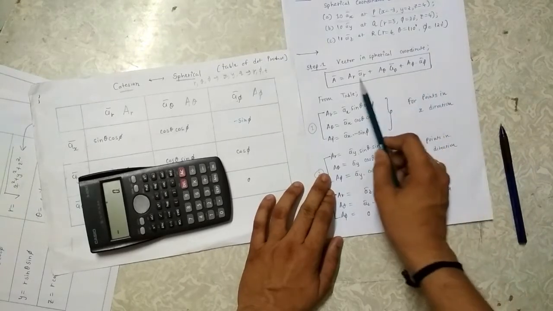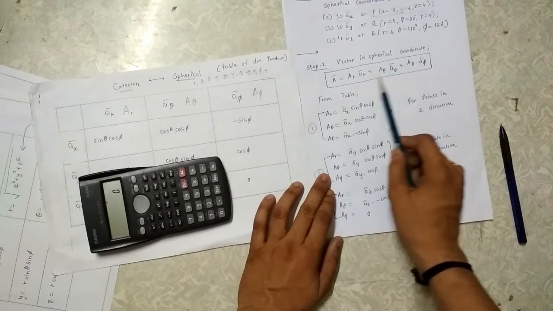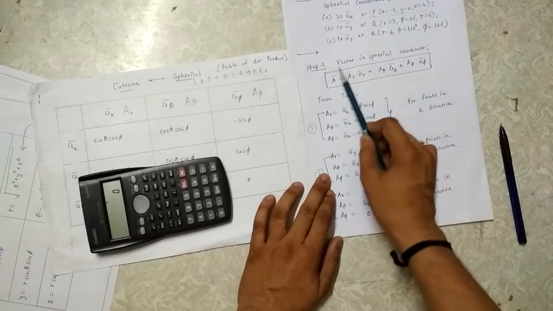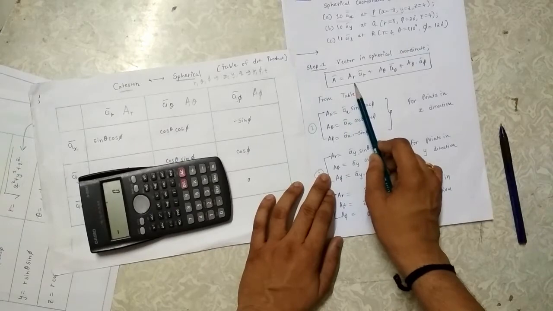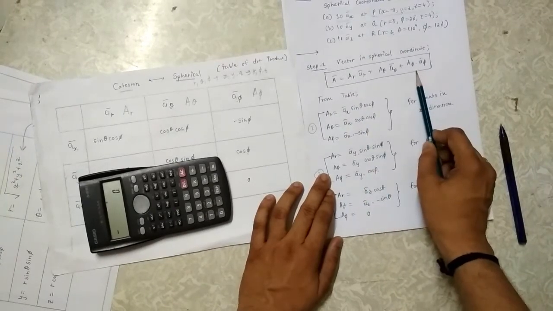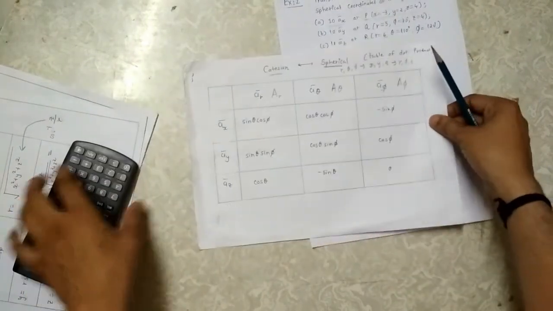That means we have different values of Ar, A theta and A phi, which will form one vector A. And how will we find the values of Ar, A theta and A phi? For that we have to use this table.